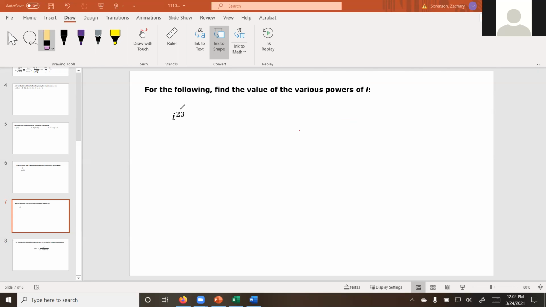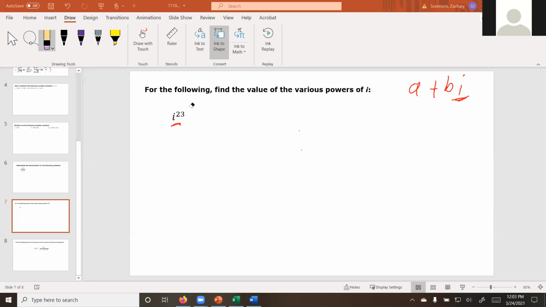Okay, last part here. This is clearly not in the form of a plus bi. I don't have an i to no power. I have an i to the 23rd, an i to the 60th, and an i to the 70th. It's not going to be in this form, even though, as we maybe know or maybe have forgotten, anything to a power is multiplication.